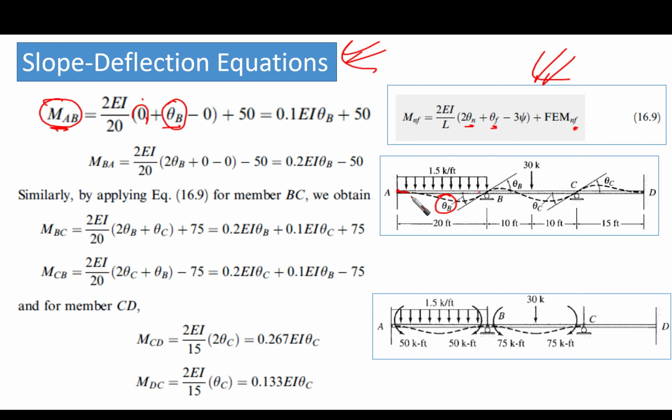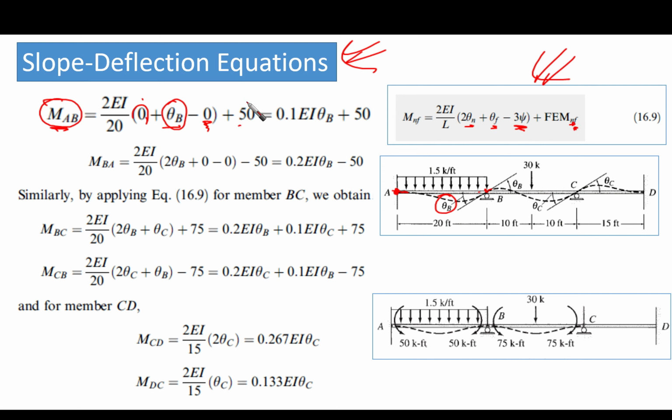What is psi? It is the chord rotation angle, or the chord angle with the horizontal. As you can see, point A and point B are on the same line. Even though we have some elastic line here, they are on the same line. This means that the chord angle with the horizontal is 0, so this term is cancelled. Plus the fixed end moment, which is the fixed end moment AB.